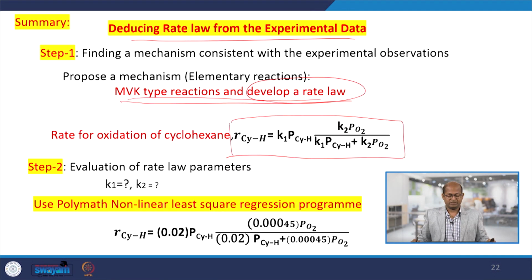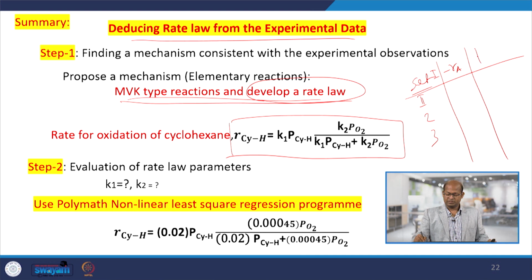So, how do they change if we change the partial pressures? Set 1 of the data, data point 1, 2, 3, we have minus r_A, the partial pressure of hydrocarbons, the partial pressure of oxygen, and the partial pressure of the oxide product.